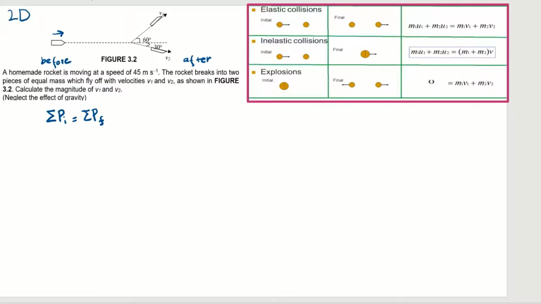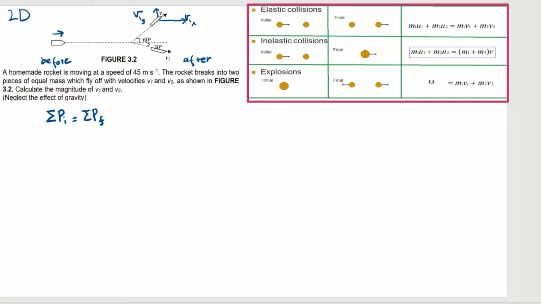Can you see this is a vector? Vector v1 can be resolved into an x component and a y component. So this is v1x, and this one is v1y.